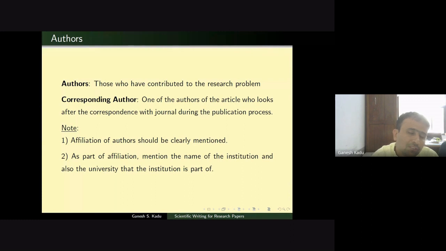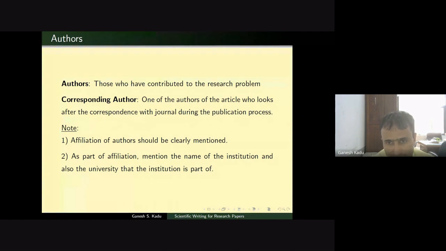So when, for instance, the reports are reviewed, the corresponding author looks at the reports and informs the other authors about it. This is the one who handles the paper in some sense on behalf of all the others. And there are a few things to keep in mind.